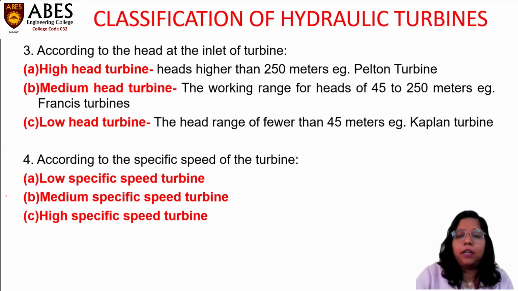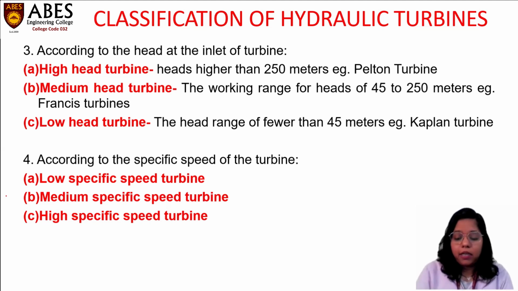The fourth category on which we can classify the hydraulic turbines is on the basis of specific speed of a turbine. So there are three types of turbines on the basis of specific speed. One is low specific speed turbines, the second is medium specific speed turbine, and third is high specific speed turbine.